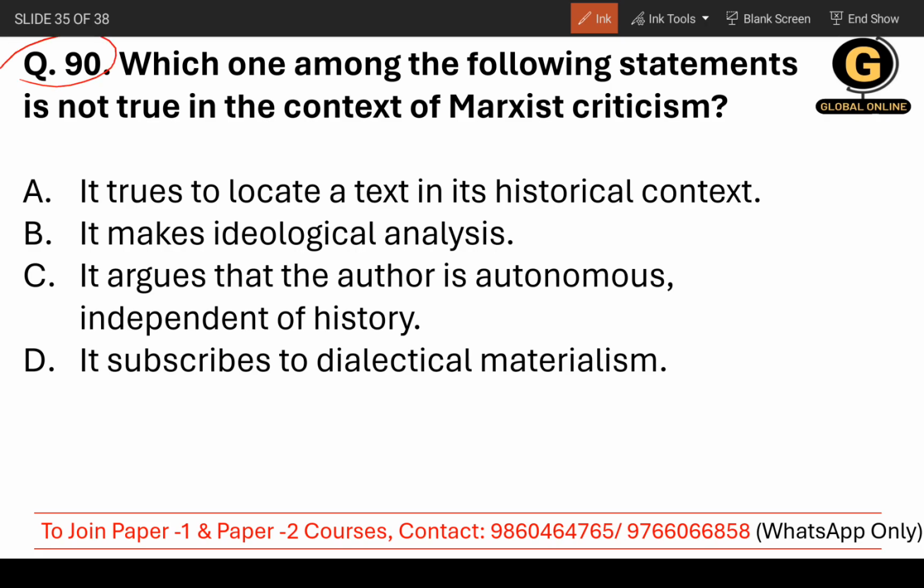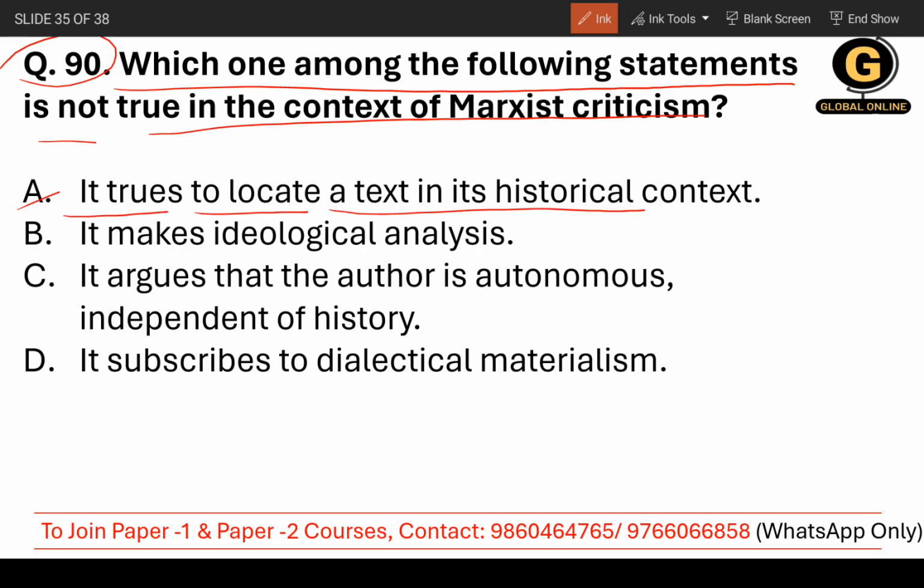Question number 90. Which one among the following statements is not true in the context of Marxist criticism? The first option: it tries to locate a text in its historical context. Second option: it makes ideological analysis. C, it argues that the author is autonomous, independent of history.